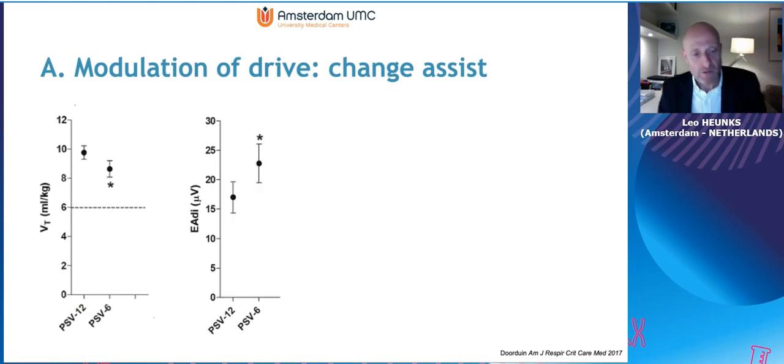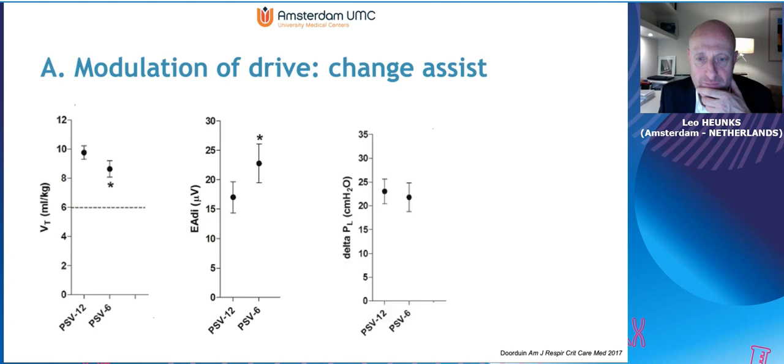But reducing inspiratory assist has a strong effect on respiratory drive, here quantified with electrical activity of the diaphragm. And because of the increase of respiratory drive, the transpulmonary pressure, the damaging pressure applied to the lung, does not change.